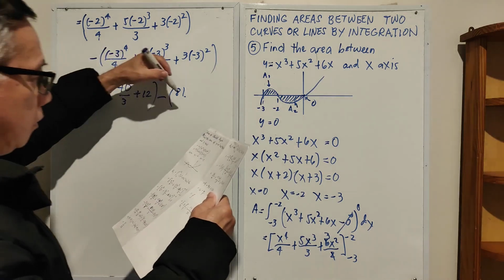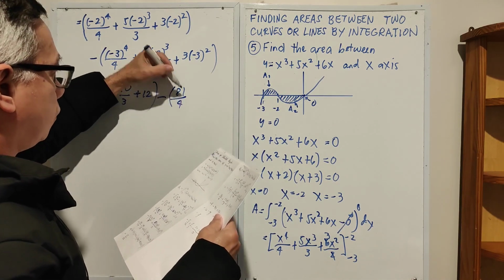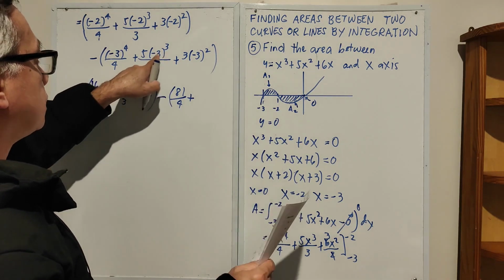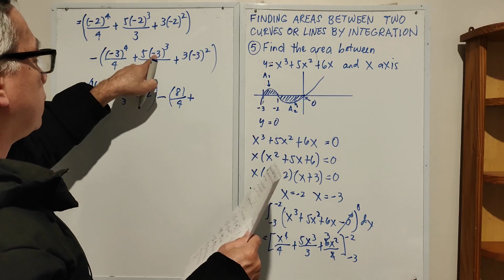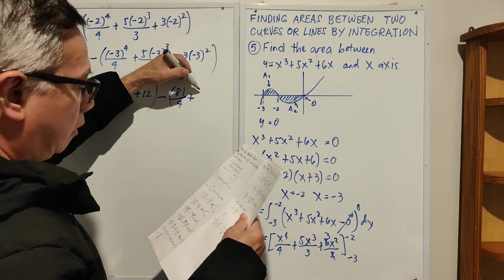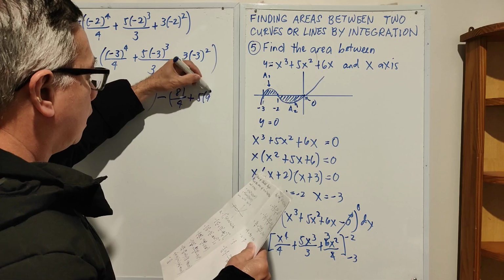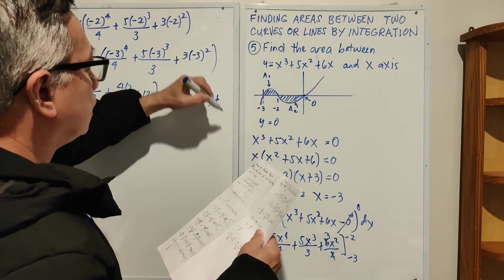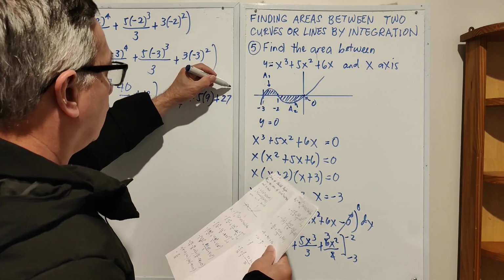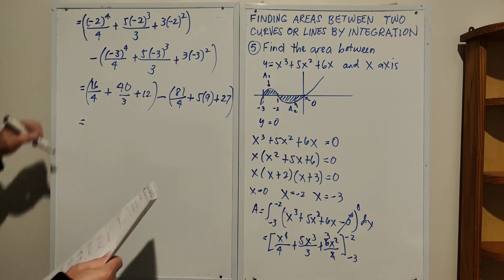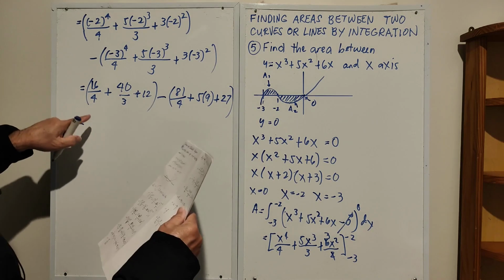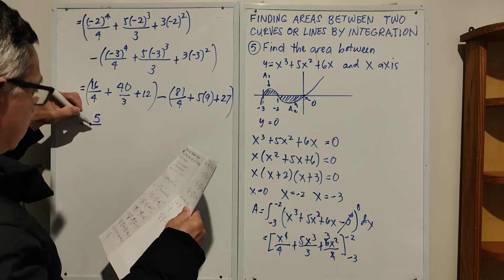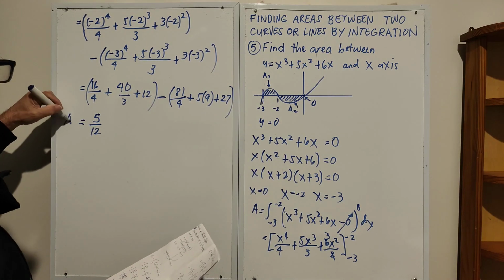Negative 3 to the 4th will be positive 81 over 4, plus the 3 cancels out 3, so it will become 3 squared times 5, which is 5 times 9, plus 3 times 3 times 3, which is 27. To make the long story short, we're running out of space: 5 over 12 is area 1.